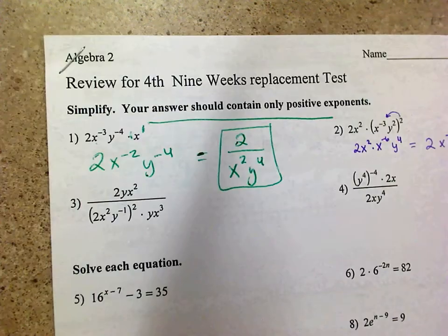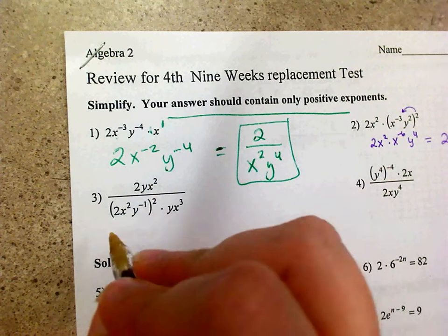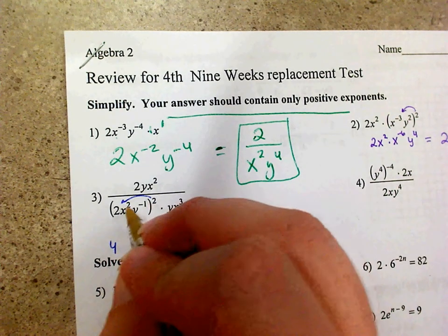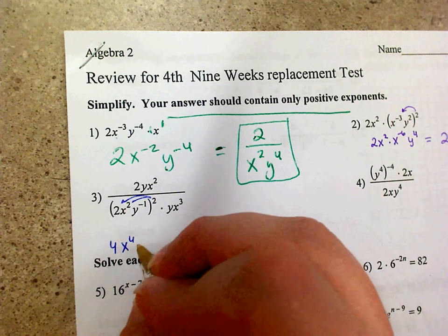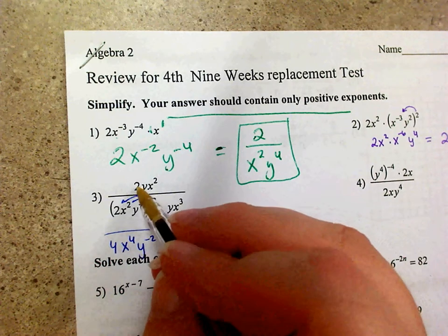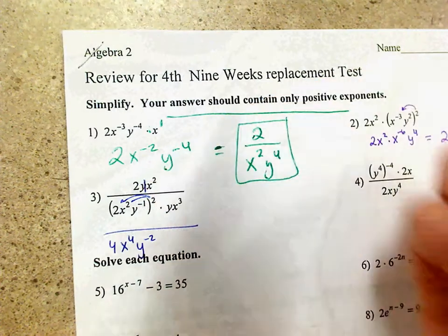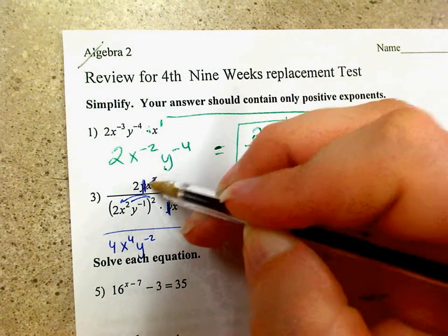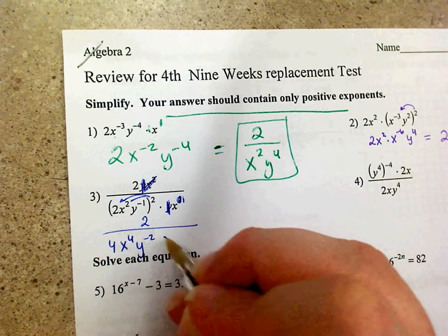On this next one, I'm going to first distribute this power of 2. So I've got 2 squared, which is 4, x squared squared, which is x to the 4th, and then y to the negative 1 to the 2nd, so y to the negative 2. Now, I've got this 2yx squared and yx cubed. I might as well go ahead and start simplifying. The y's cancel out. 2 of these x's with 2 of those cancel out, so I'm left with a 2 on top and an x on bottom.